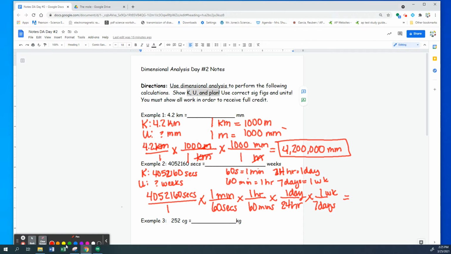So I'm going to take 4,052,160 seconds. I'm going to divide by 60. Divide by 60 again. Divide by 24. And then divide by 7.